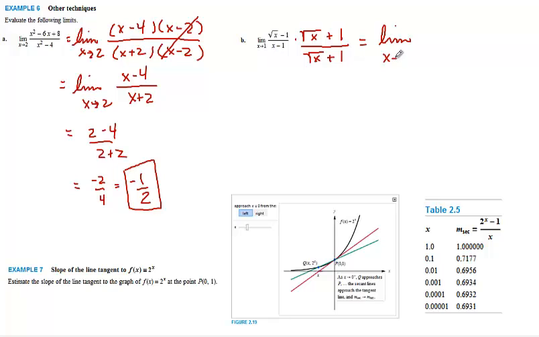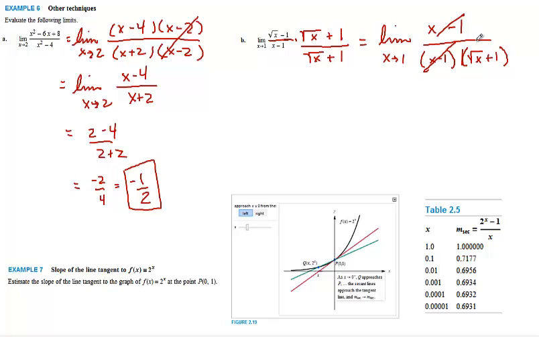So I'll get the limit as x goes to 1 of, multiplying the numerator, square root of x times square root of x is x. The middle terms, the square root of x times that is square root of x minus the square root of x. Middle terms cancel, and I get x minus 1. I'm not going to multiply out the denominator because I got what I wanted, so I'm stopping right there.